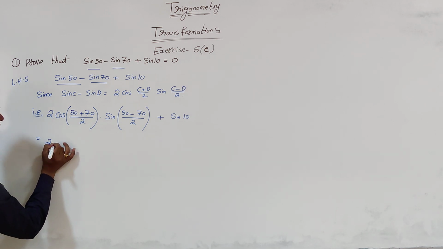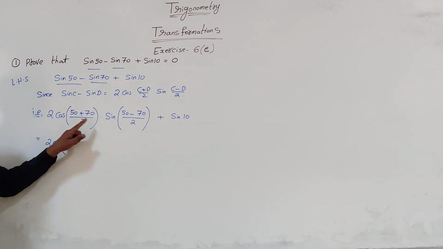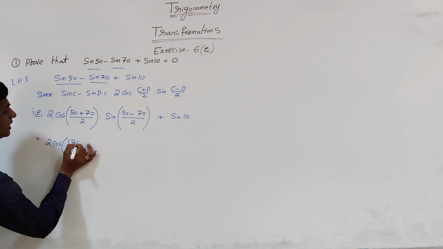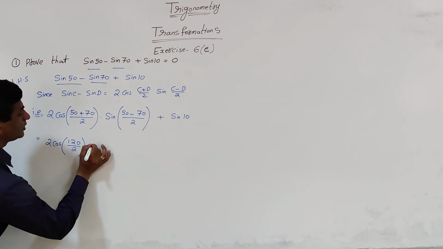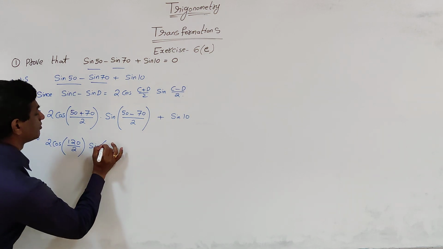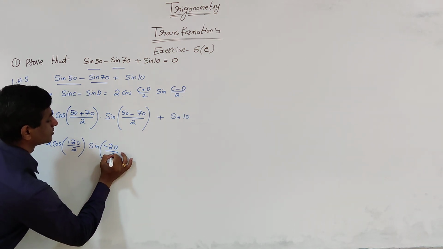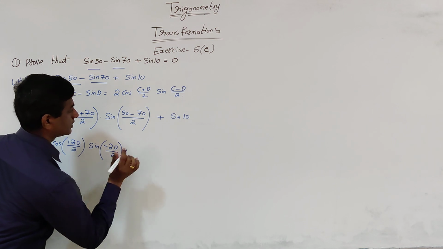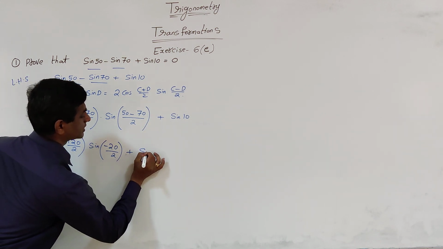So 2 cos of (50 plus 70), which is 120 by 2, into sin of (50 minus 70), which is minus 20 by 2, plus sin 10.